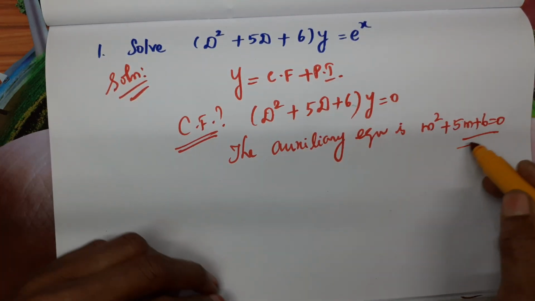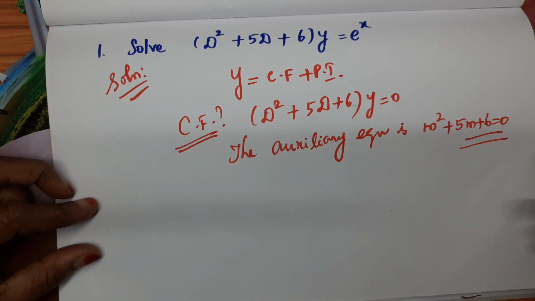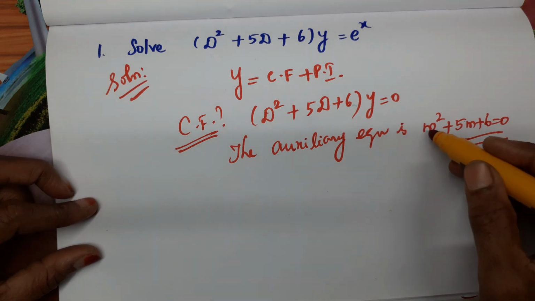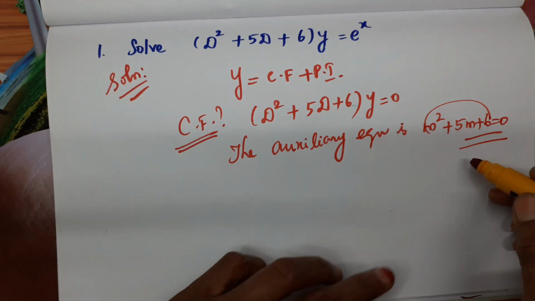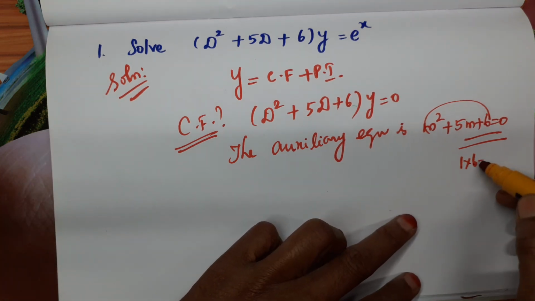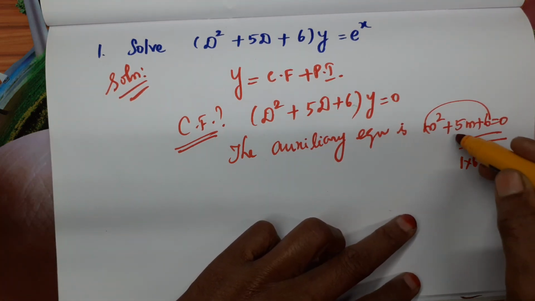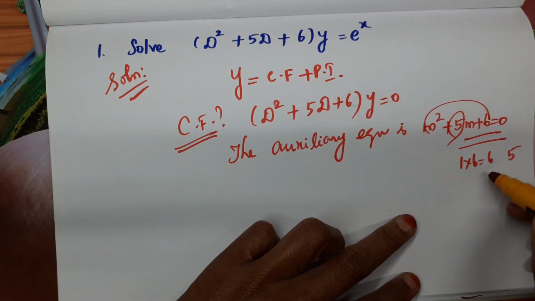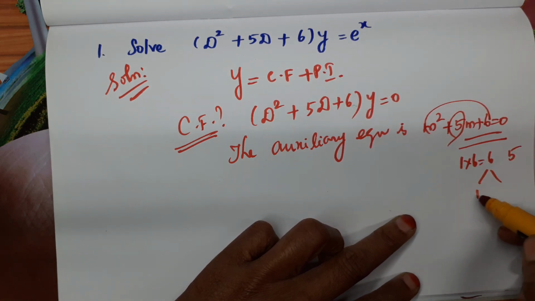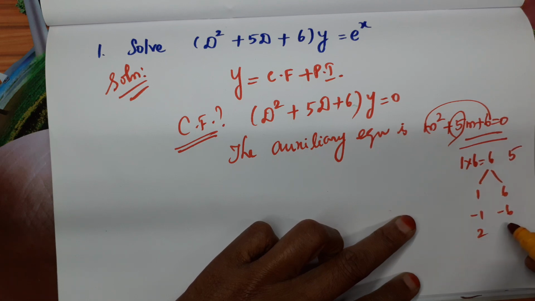For this equation we have to find the roots. Multiplying the two, 1 into 6 equals 6, so the product is 6 and the sum is 5. For 6, the factors are 1, 6, minus 1, minus 6, then 2, 3, minus 2, minus 3.